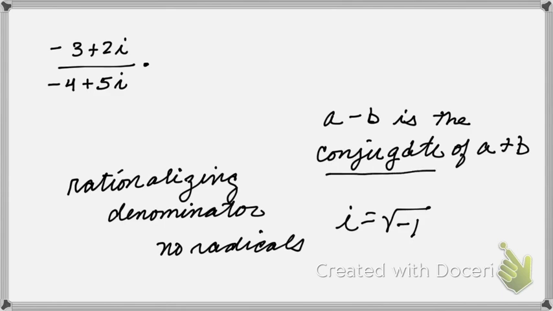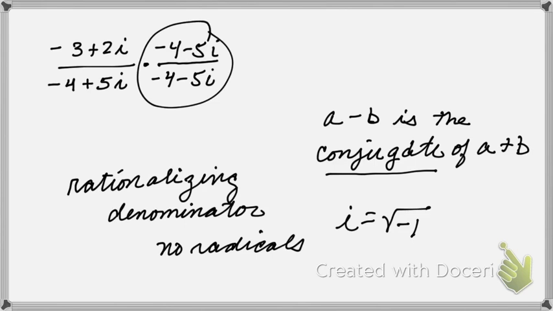So there's that concept or that definition of conjugate. So I want to use the conjugate up here of the denominator, -4 minus 5i. And I'm allowed to multiply by -4 minus 5i over -4 minus 5i, because that's just another form of the number 1, any number over itself, right? And this is the conjugate of this.